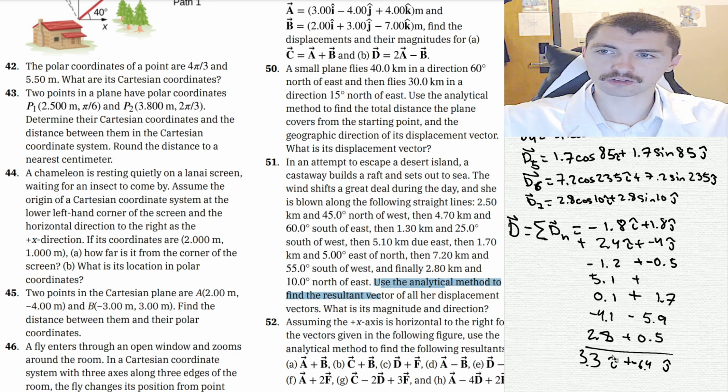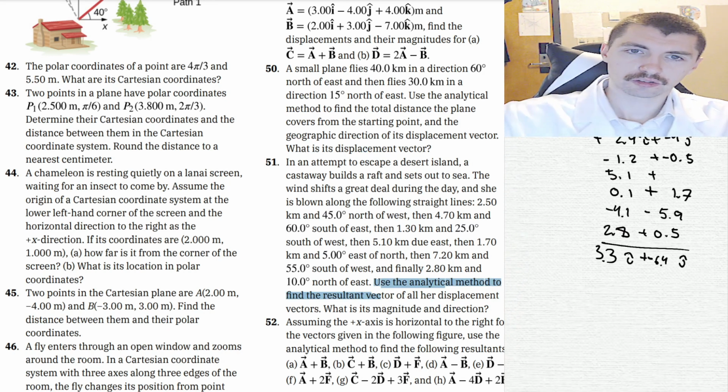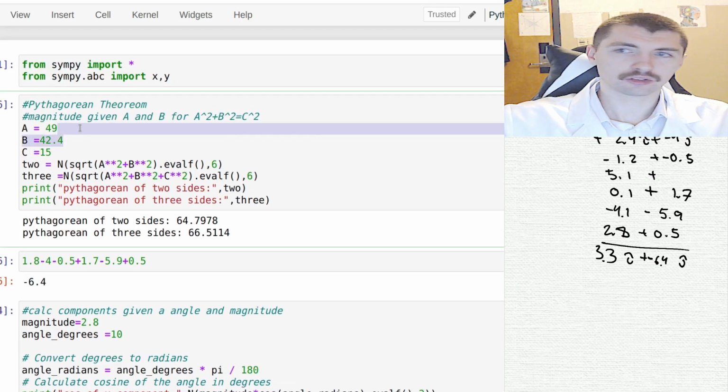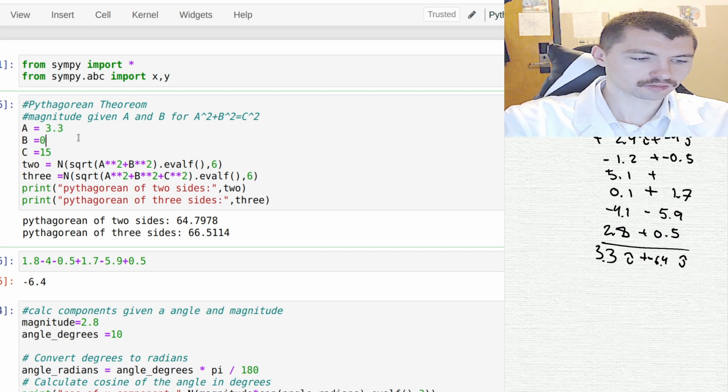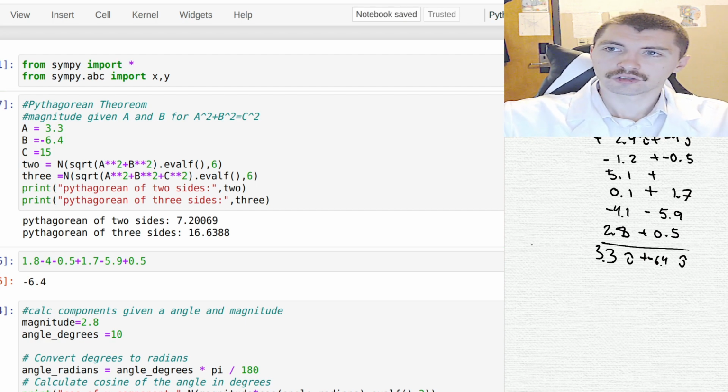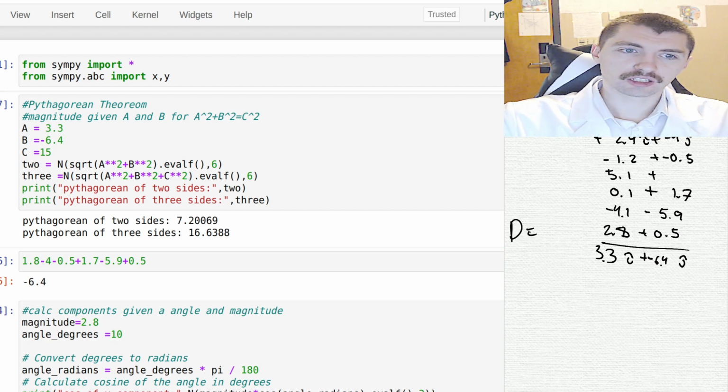It's magnitude and direction. Okay, magnitude is, so the magnitude of D is 7.2.